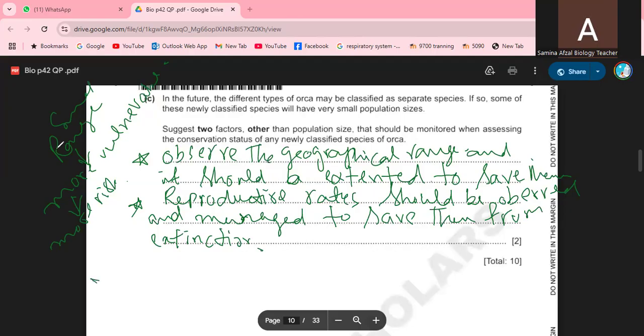To increase their population size, their geographical area should be increased. They should cover more geographical areas and have more habitats, more places to live, and then their reproduction rate should also be increased. By increasing their reproduction rate or by other factors, we can save them from extinction.